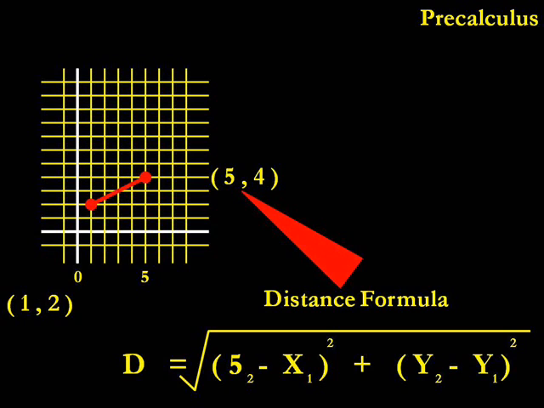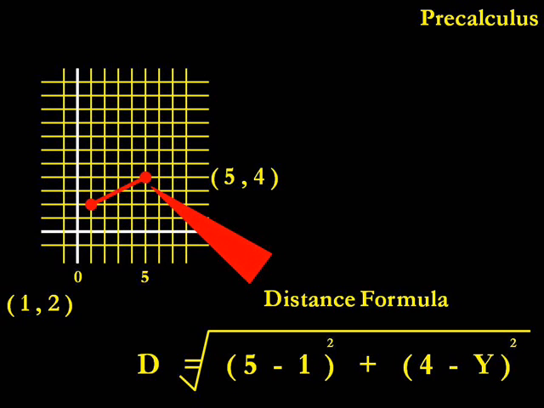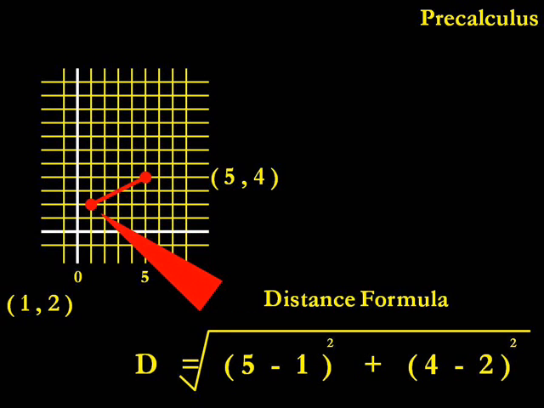You're going to bring down that 5 to be in the x2 spot. And then you're going to bring down the 1 into the x1 spot. Then you're going to go back and work with the y's now. You're going to take the 4 out of the 5, 4 and put that in the y2 spot, and then you're going to bring down the 2 and put that in the y1 spot.